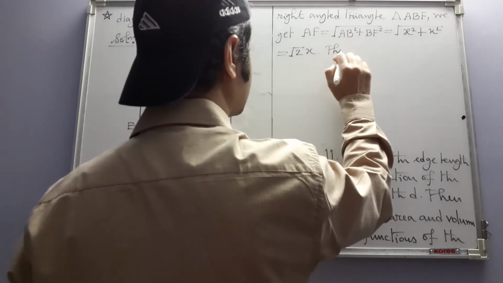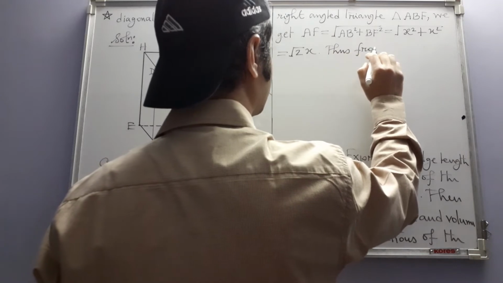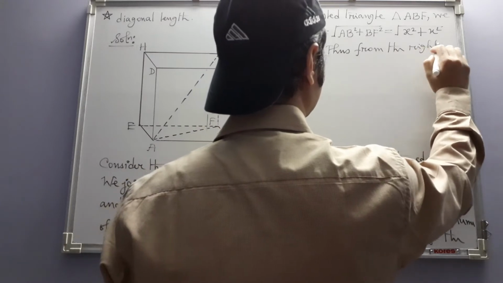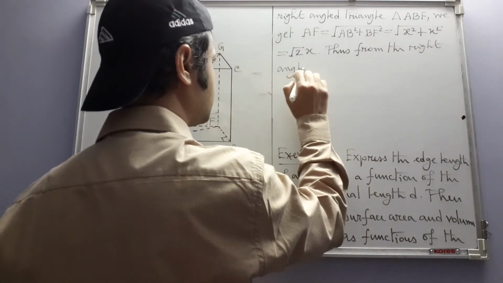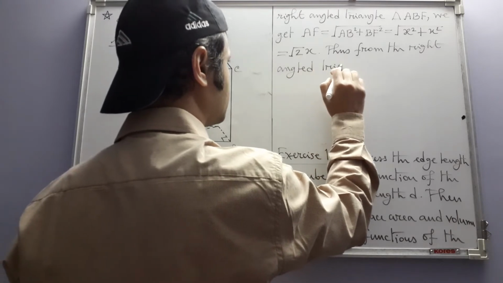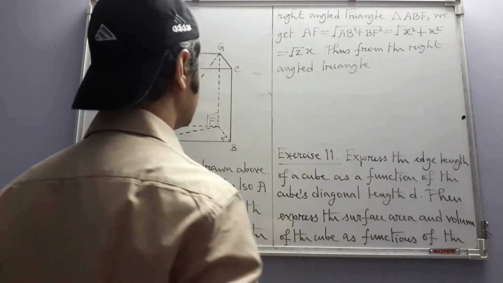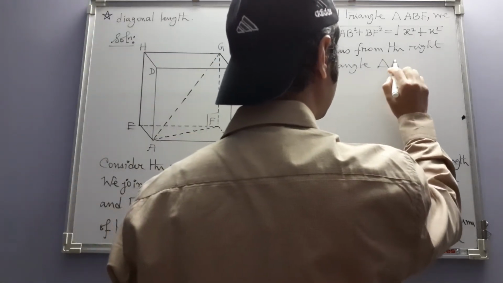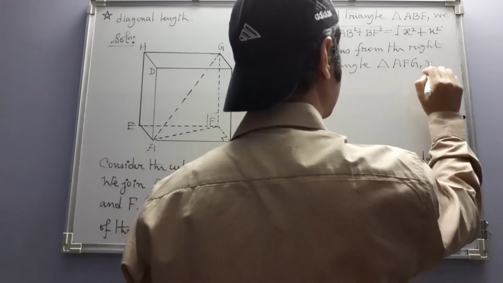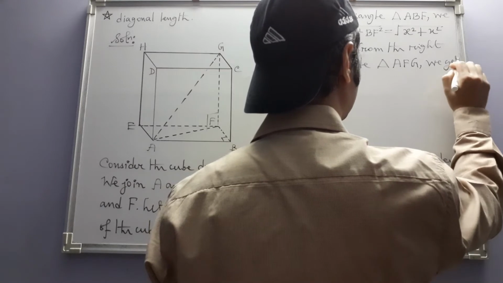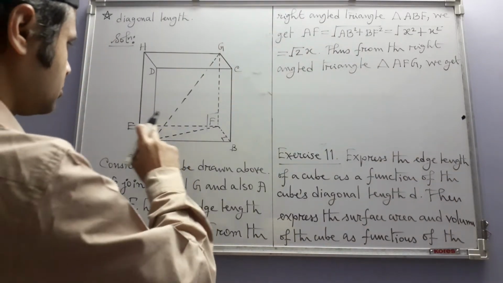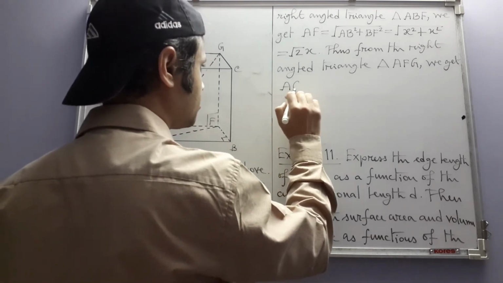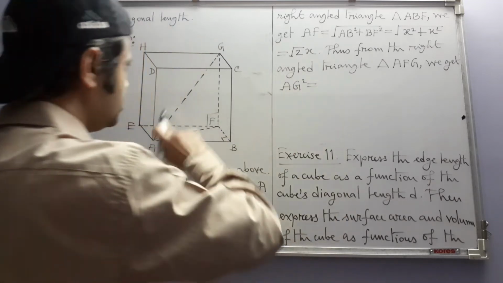Thus, from the right angle triangle AFG, we get, so here AG is the hypotenuse.